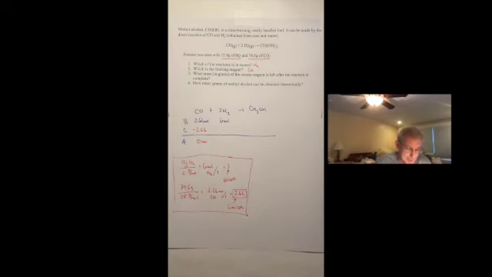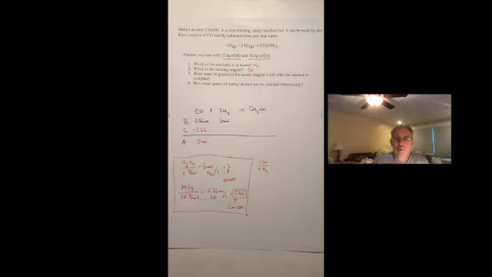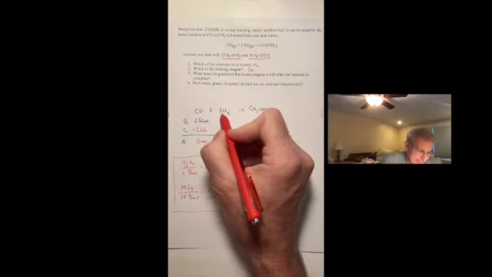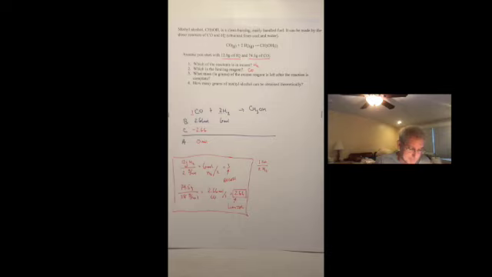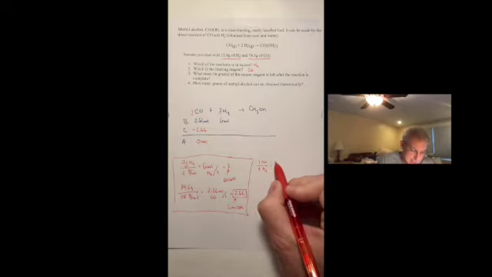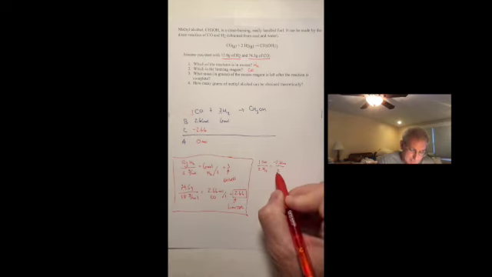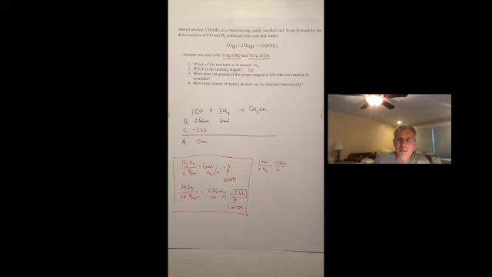I'm going to take my change and I'm going to set up a ratio. So the ratio that I have, I know that 1 CO is related to 2 H2s. And I get that from my balanced chemical equation. I also know that I have a change of negative 2.66 moles of CO, and I'm looking for how many moles of H2 I'm going to use.